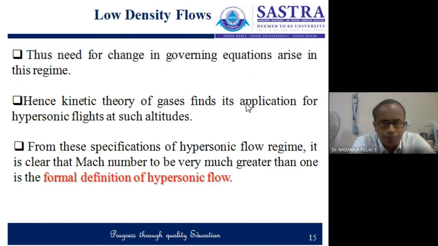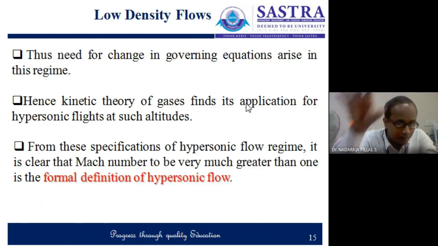Now, there is a need for a change in the governing equations in this flow regime, and the kinetic theory of gases finds its applications in hypersonic flights, especially at higher altitudes, right? So from these specifications, we can say that the hypersonic flow regime is one where the Mach number is very much greater than one, correct?